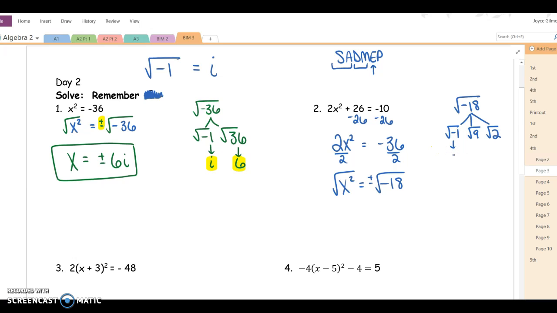The square root of negative 1 is i. The square root of 9 is 3. You've got the plus minus symbol, i, 3, square root of 2. How do we get all of that into a cohesive answer? x equals plus minus the number 3, the i, and then whatever's left under the radical, square root of 2.